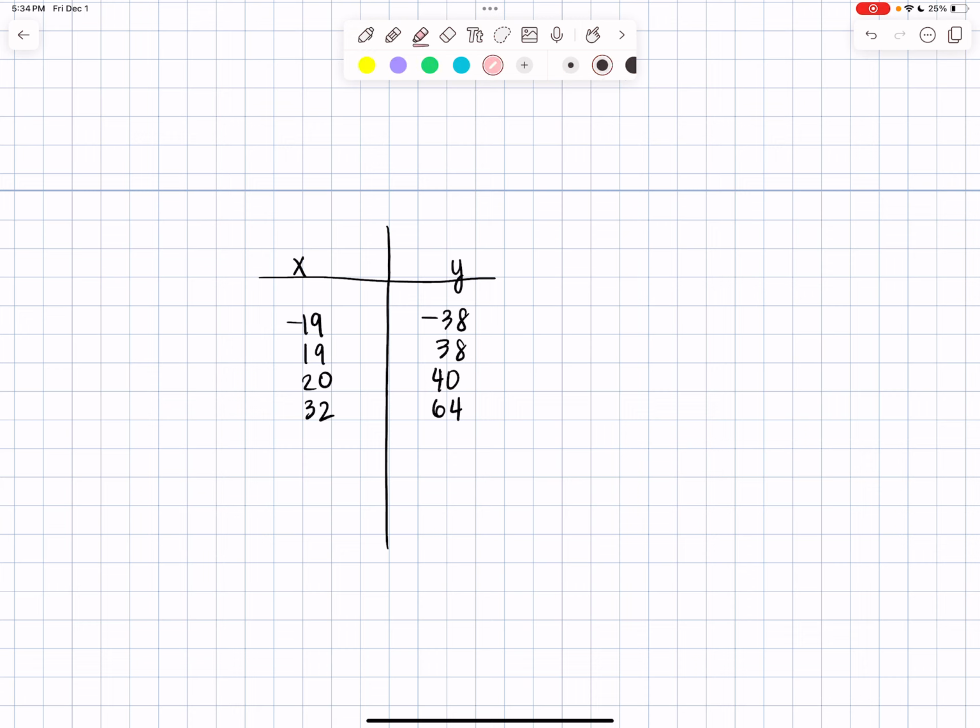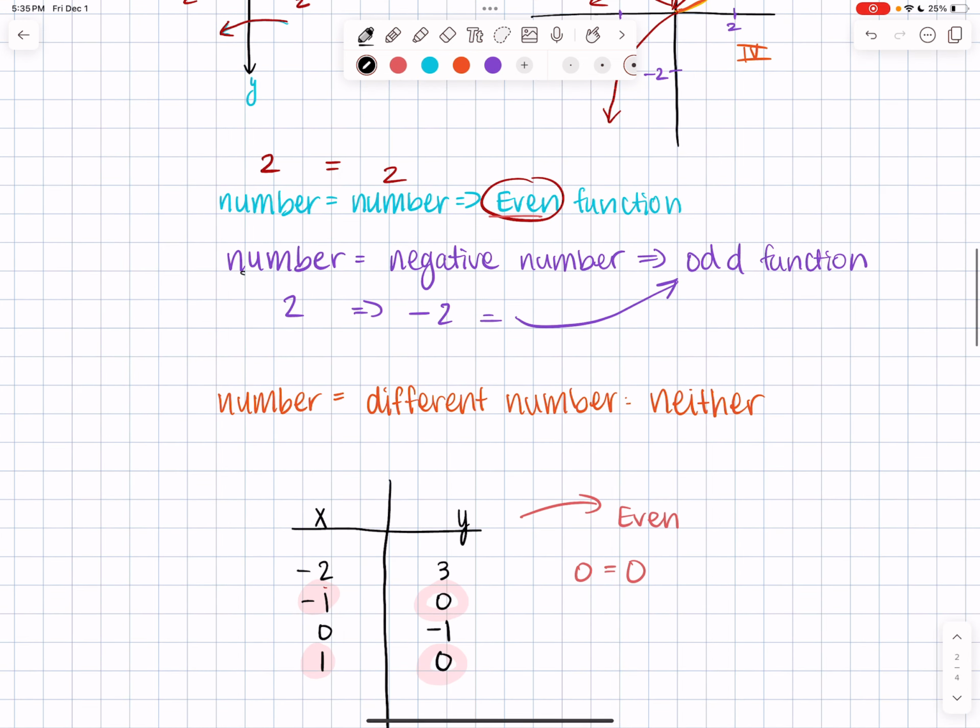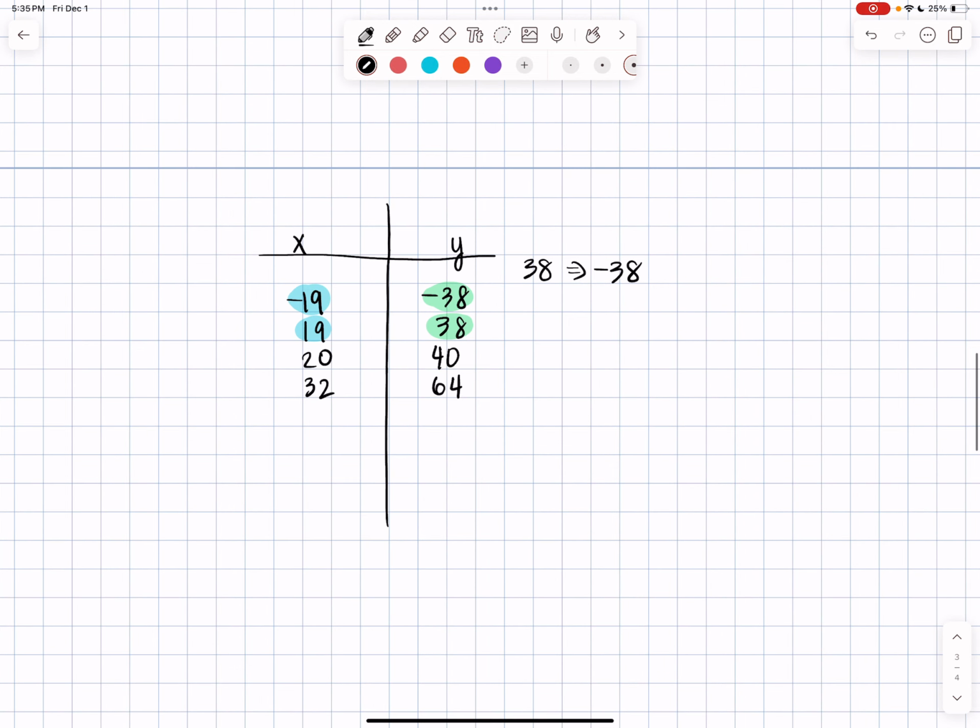Here we have -19 and 19, same number. You have to make sure one's negative, one's positive for the x. Then we analyze the y side. Here we have -38 and 38. So -38 is a negative number. When you have number equals negative number, you have an odd function. So this would be an odd function. Perfect.